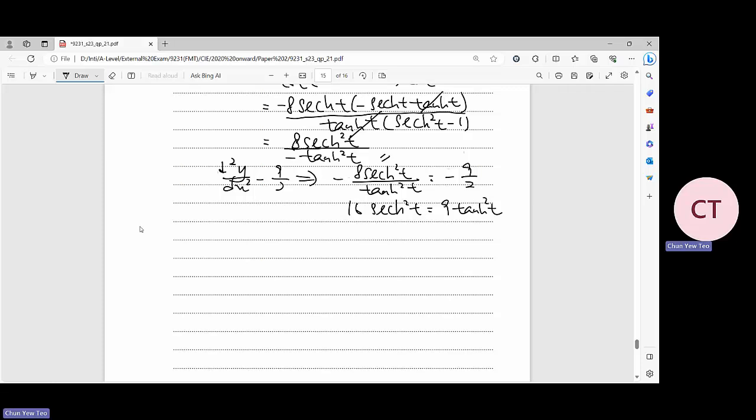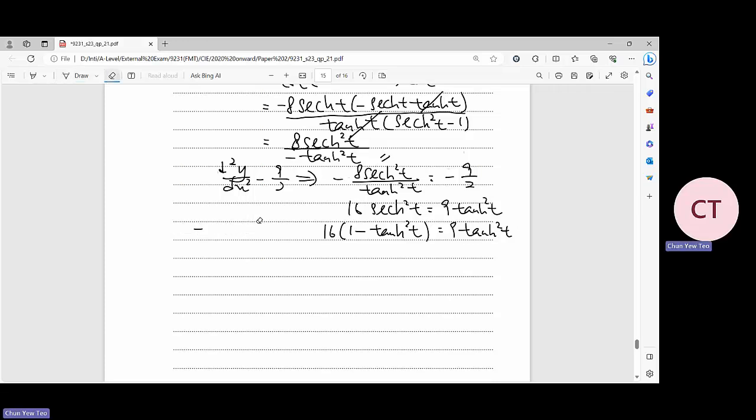Just now we mentioned that 1 plus tan square t is equal to sec square t, right? So we just change it to become 1 plus tan square t, that will be better.